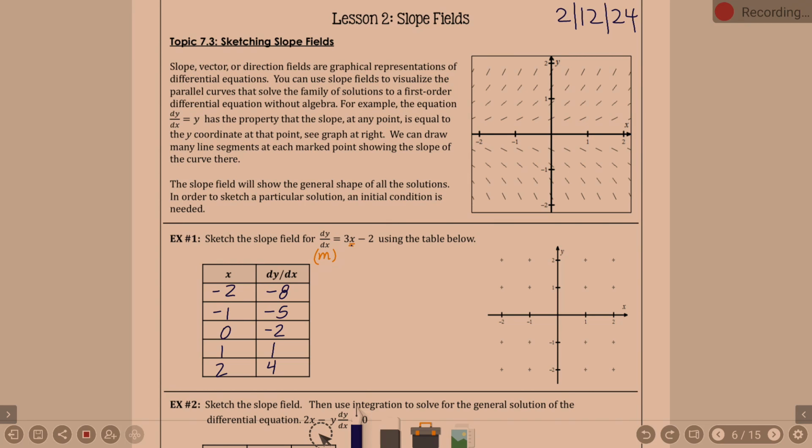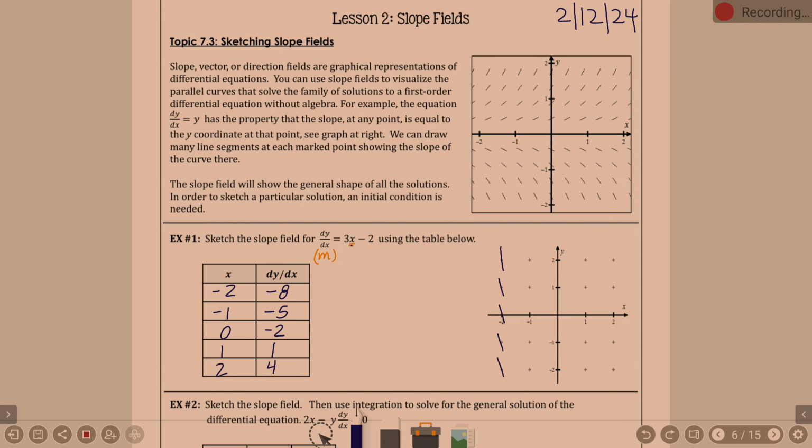And since it's a negative slope, it's decreasing, angled down to the right, angled up to the left. Visualize that those are all very steep negative slopes, and they all are identically the same, because that's when x is -2.